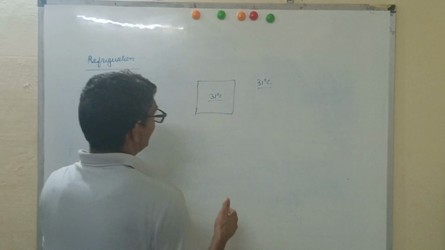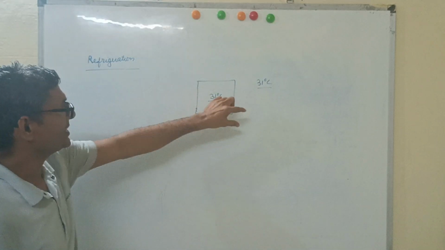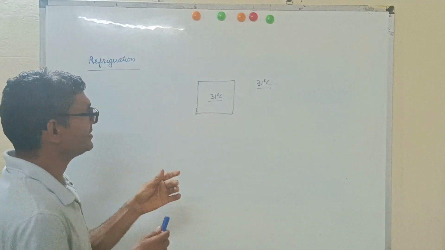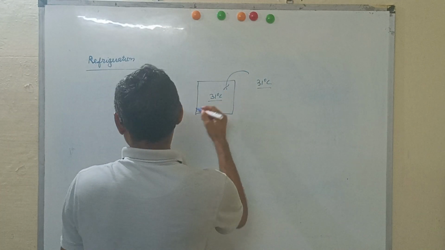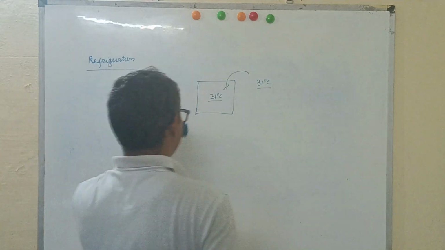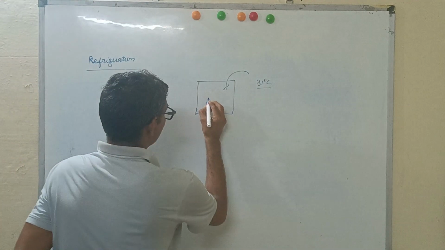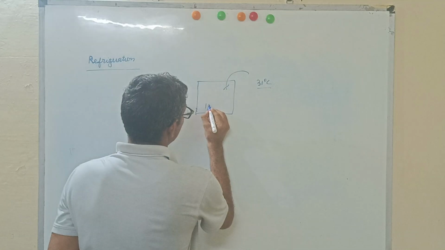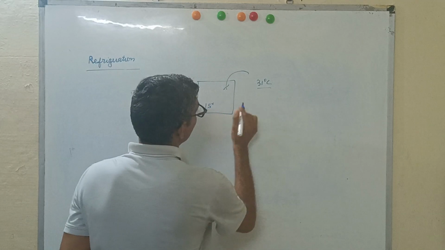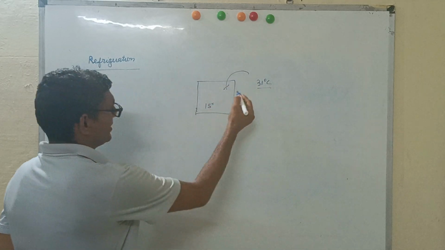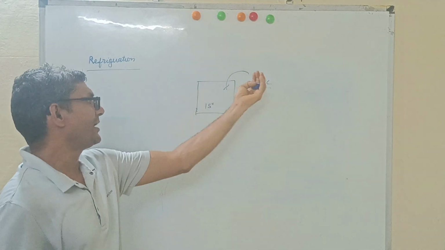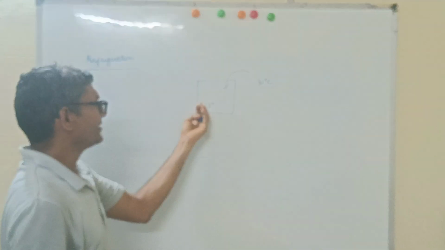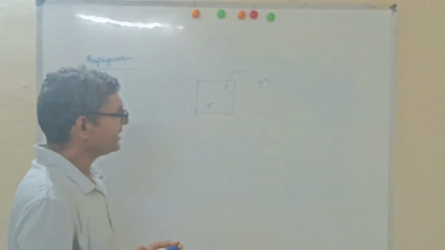Generally, suppose here is low temperature and outside is higher temperature, then naturally heat will come from outside to here. Suppose this is 15 degrees centigrade and the surrounding temperature is 31 degrees centigrade. Then automatically it will gain heat and its temperature will increase.